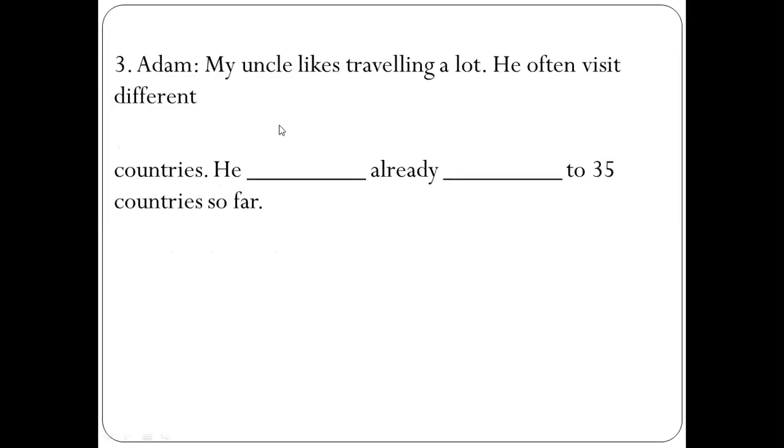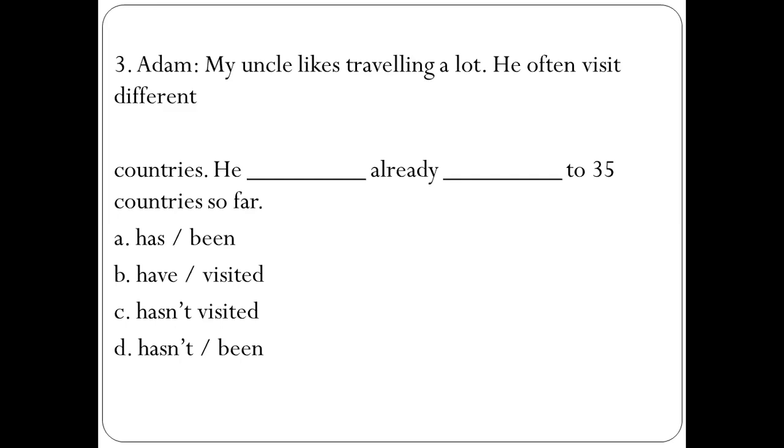Number 3. Ada: my uncle likes traveling a lot. He often visits different countries. He already blanked to 35 countries so far.